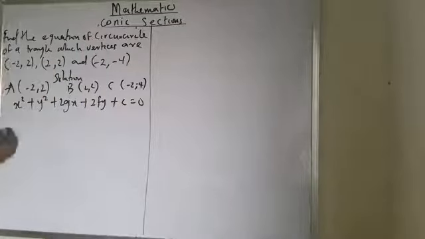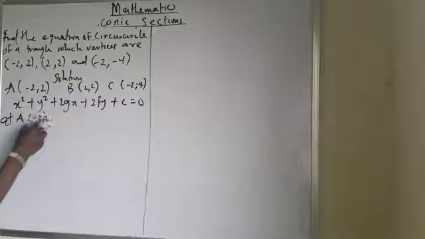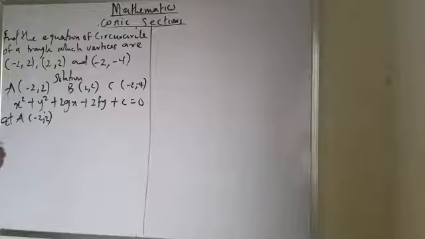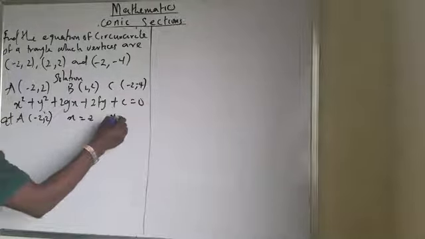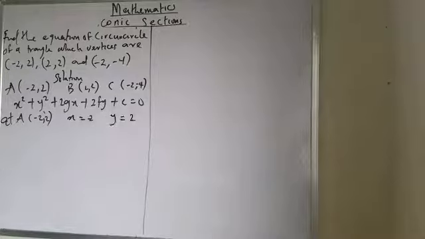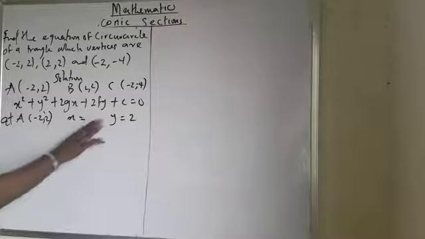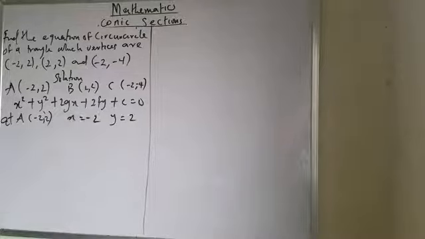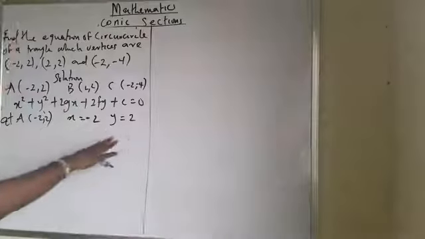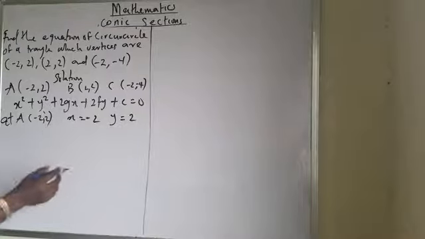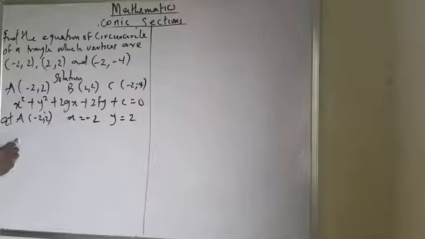Now, I will move on by taking A, which is minus 2, 2. It means my x equals minus 2, my y equals 2. Sorry for the background noise. At this point, I substitute into the equation.